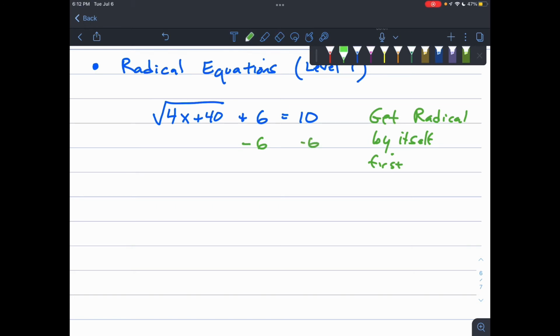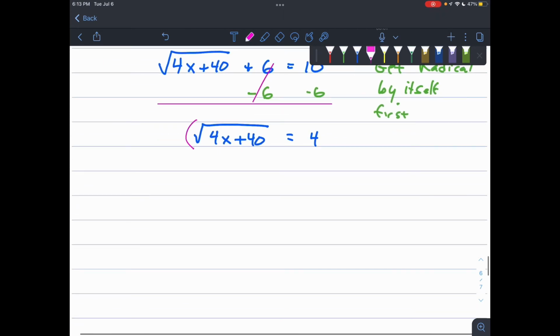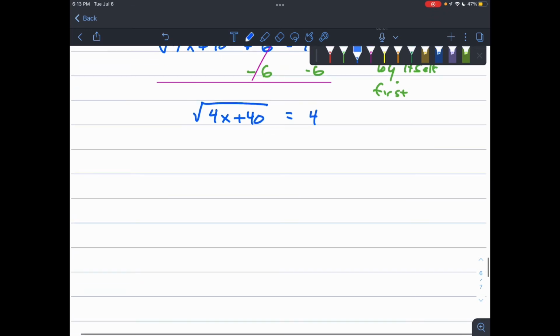Subtract 6 from the left, also subtract 6 from the right. So 6 minus 6 is 0. Bring down the equals. On the left now, we've got that square root of 4x plus 40. On the right, 10 minus 6 is 4. Let's do this on the next step. So I'm just going to copy that.